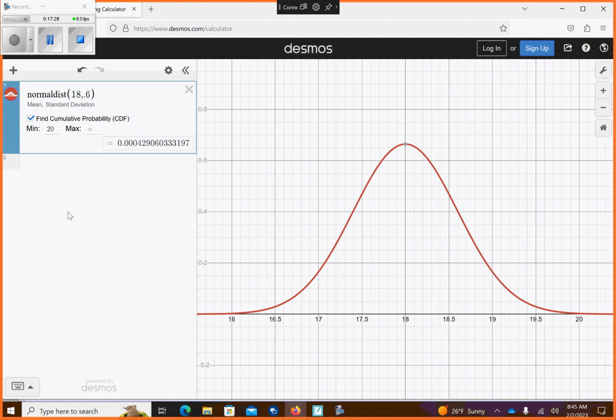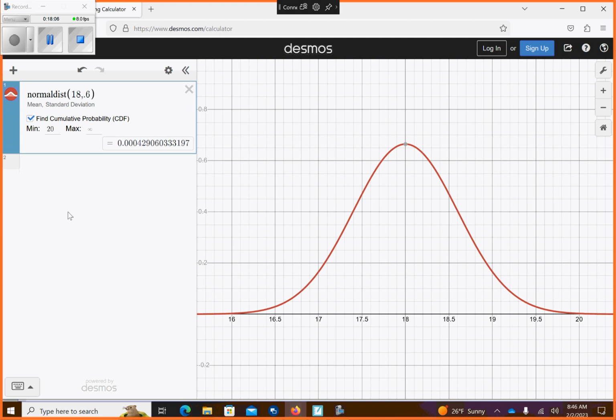And now if I wanted somebody to score a 20 or higher, look where 20 lives here on our graph. Now I want the probability that our 100 people selected at random would all score a 20 or higher. Look where the 20 is on my normal distribution. It's way over here to the right. So we're talking about moving the decimal place 2 places to the right.